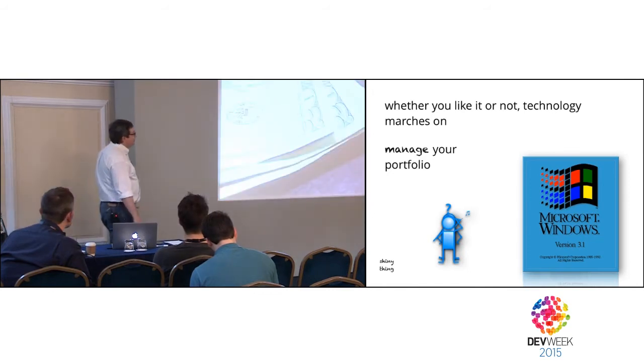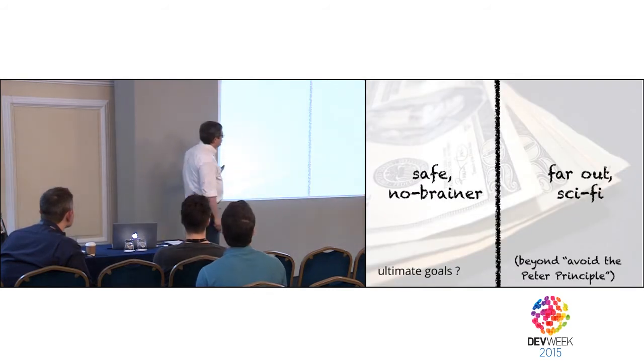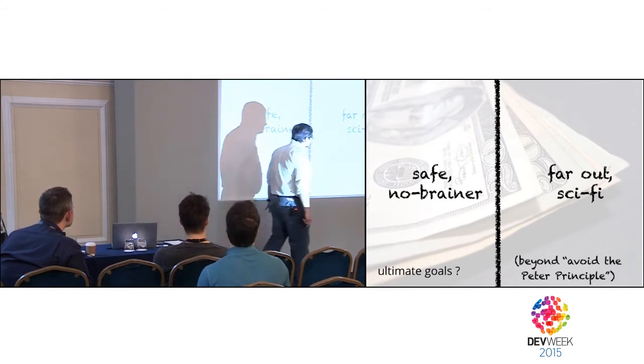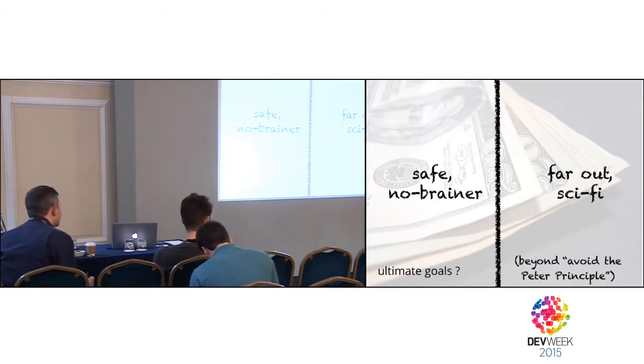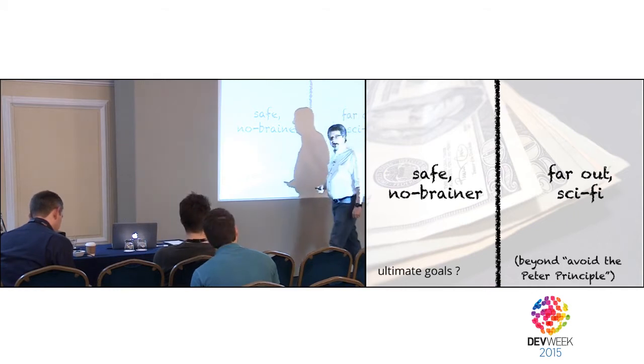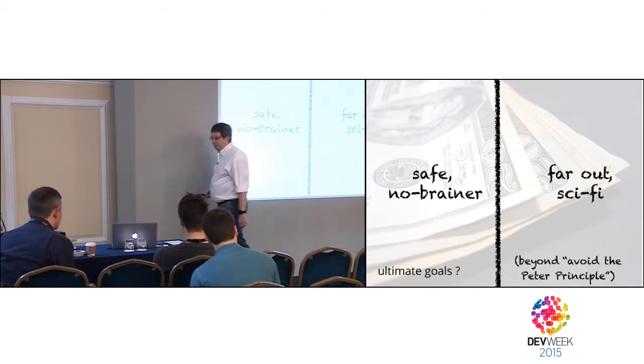And in fact, it's probably not a bad idea to partition it just like you do your financial stuff. Pick some safe, no-brainer technologies that you know are going to be useful in the near future. And maybe pick a few passion-based, I don't know if this will ever turn into anything, but maybe it turns into the coolest career ever. So what's a good example of a safe, no-brainer kind of technology in 2015, do you think, that you could be invested in and be pretty secure? What do you think?